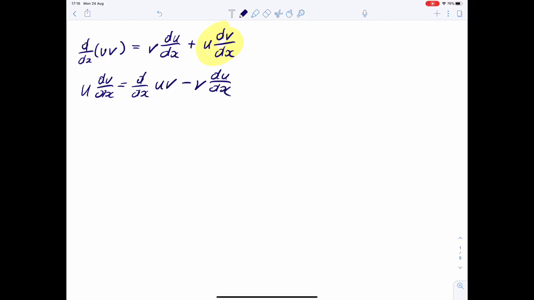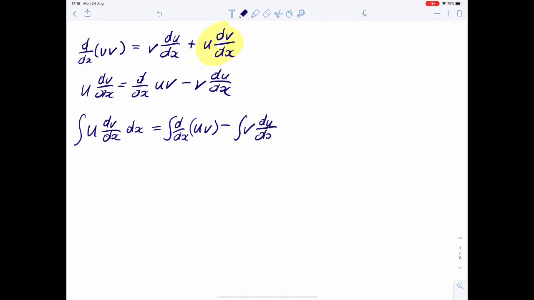Now we can integrate both sides to get the integral of u dv/dx dx is the same as the integral of d/dx of uv, let's keep it as a product, minus an integral of v du/dx dx.